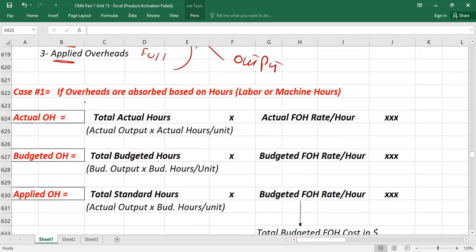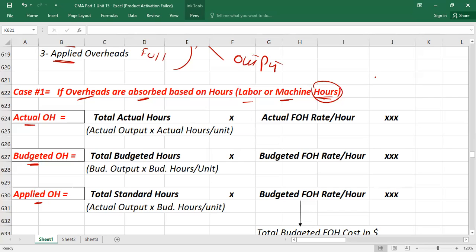First scenario: if fixed overheads are absorbed based on hours, which could be labor or machine hours, you have to produce 3 lines. Don't break the sequence: actual overhead, budgeted overhead, applied overhead.